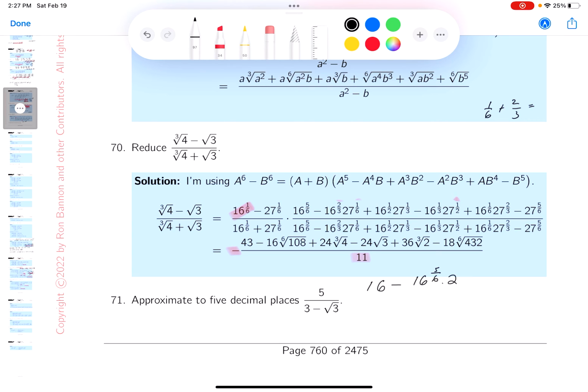And then I get 27 to the 1/6. Let's keep going. Well, the next one's going to be what? I did this one, I'm on this one. It's a lot of work. We're on the third one, right? 1/6 and 1/2. That's going to give you what? 1 plus 3, which is 4 or 2/3.